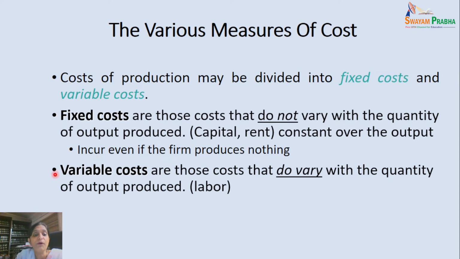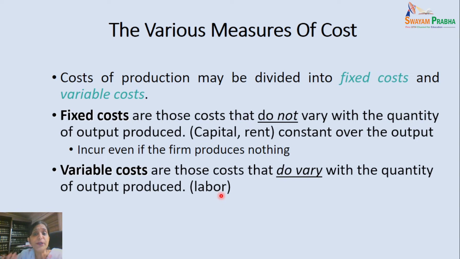Whereas when we talk about variable costs, they do vary with the quantity of output. That is, as your output changes, your variable cost will also change. For example, the labor cost. As you produce more output and require more labor and employ more labor, your variable cost will increase.